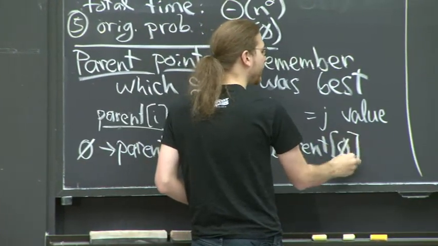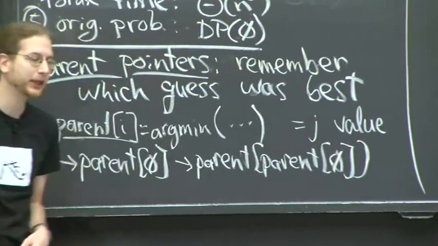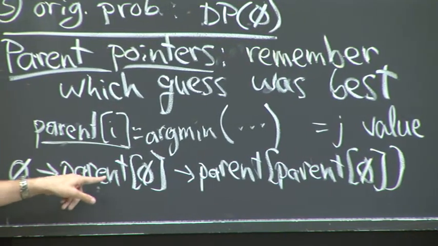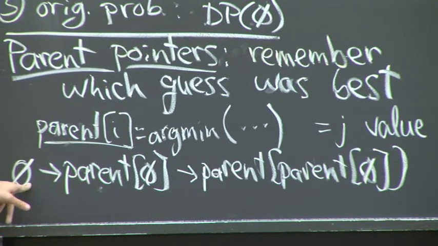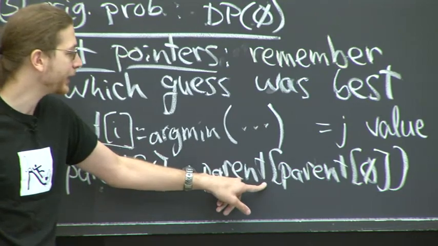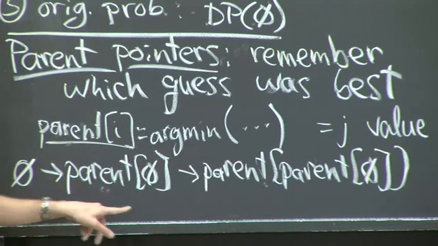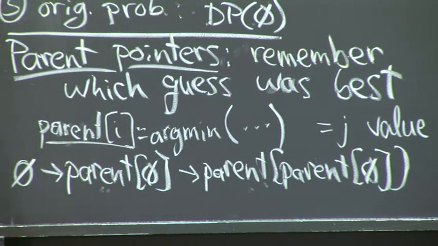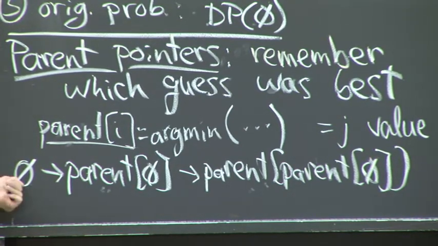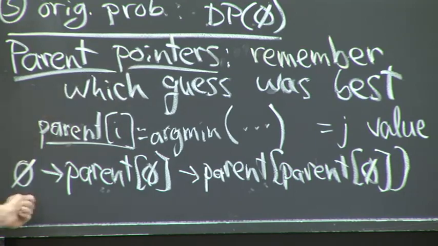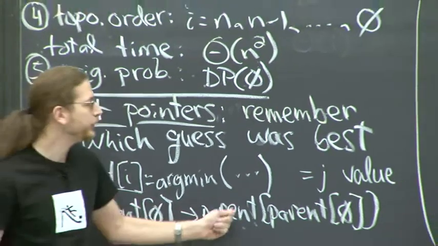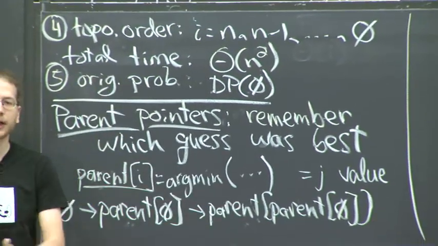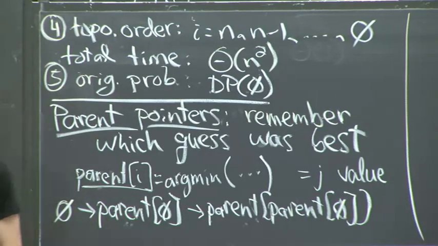Because these were the best choices for where the second line begins, given that this is the first line. So that's really the third line, given this is the second line. A little confusing. But you just do a simple for loop. You start with 0, because that's our original problem. You keep calling parent of the thing you currently have. And in linear time, you will reconstruct where the lines break.